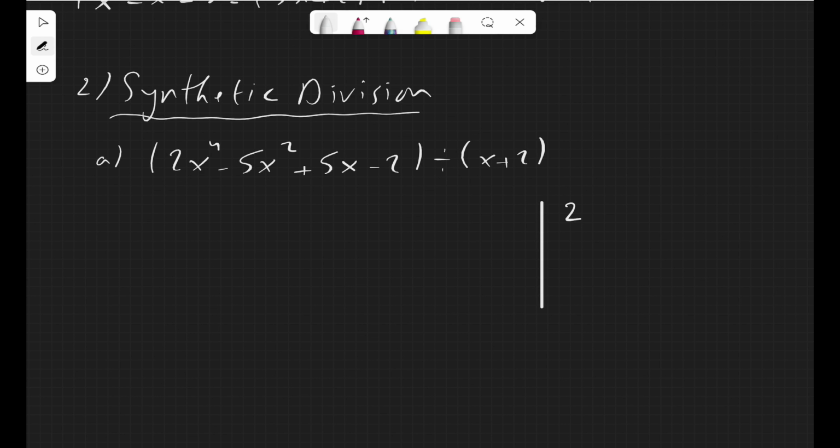Supposed to have x to the power 3 next. We don't have x^3, so it's a must to put 0 here, otherwise it's going to be wrong. And negative 5, the coefficient of x^2, and 5, and finally negative 2. To the left, I assume that x is equal to negative 2, so we put negative 2 to the left.